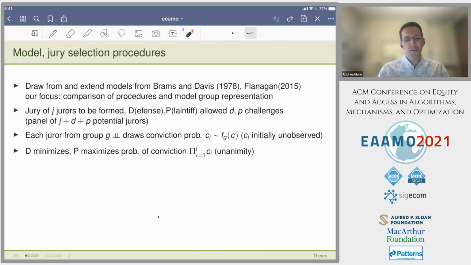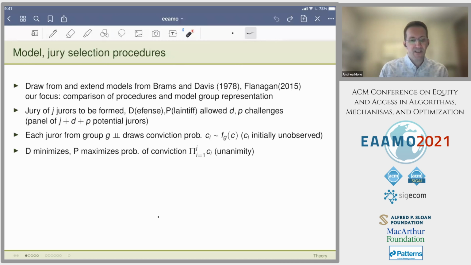Each juror from group G draws a conviction probability from some distribution, which we allow to be different by group. This conviction probability is initially unobserved by the two parties.